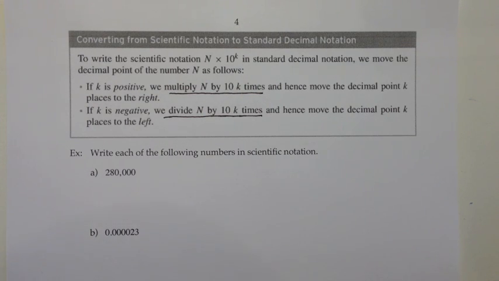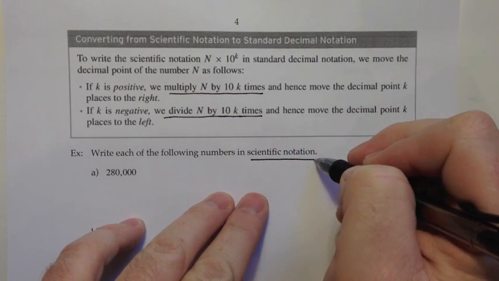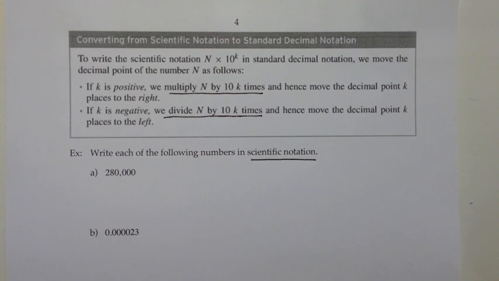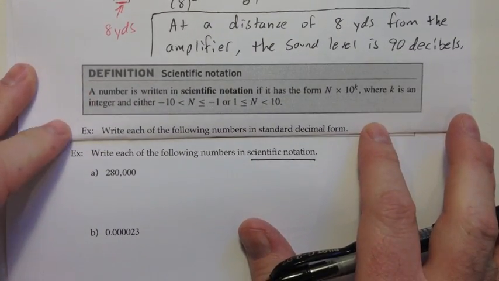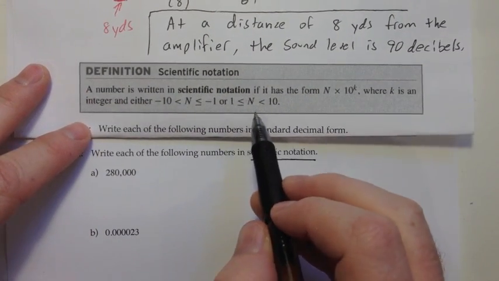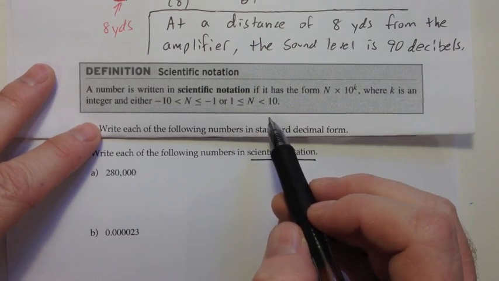Alright, let's go ahead and look at this from the other point of view real quick, which is, what if we have a number in standard notation and they ask us to put it into scientific notation? So let me pull in that previous page and that definition for you. It says for a number to be in scientific notation, you have to have the lead part be in between 1 and 10.